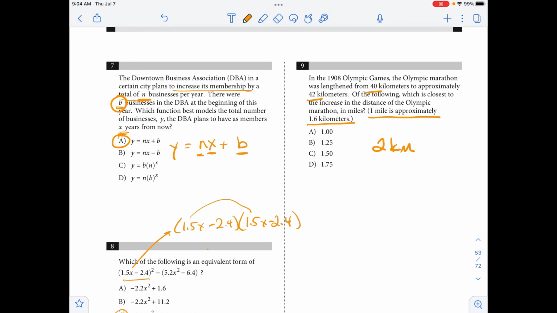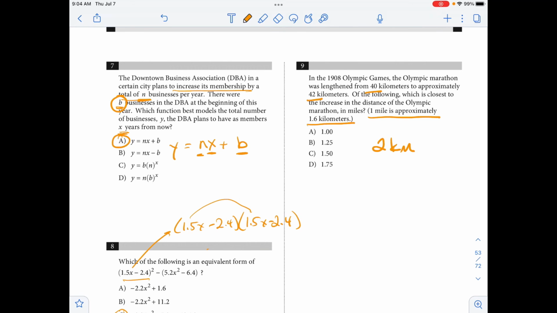Now, we know 1 mile is approximately 1.6 kilometers, but we have to go in the other direction. We have to go from kilometers to miles.